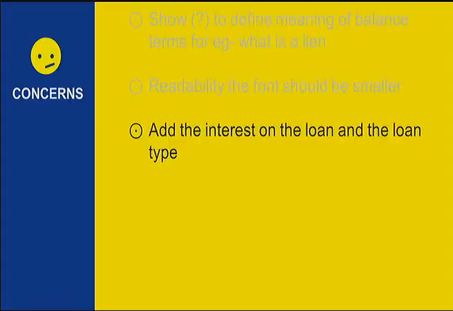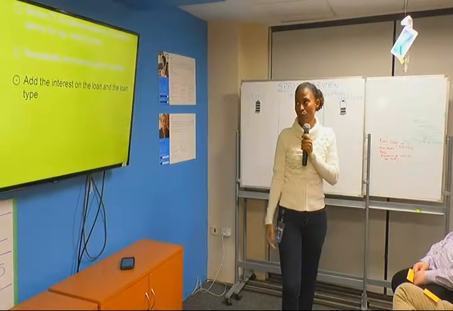That is something we can address based on the feedback we receive during our pilot. Also, they wanted us to add the interest due for the loan and to show the type of loan, for example, an auto loan, mortgage or unsecured loan.